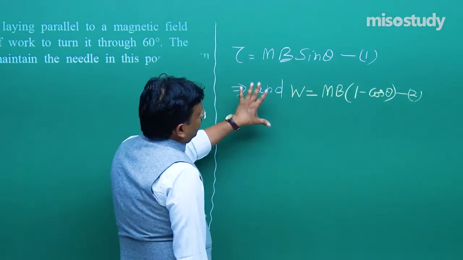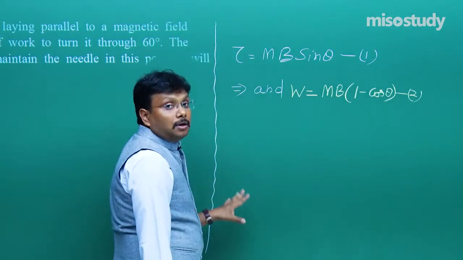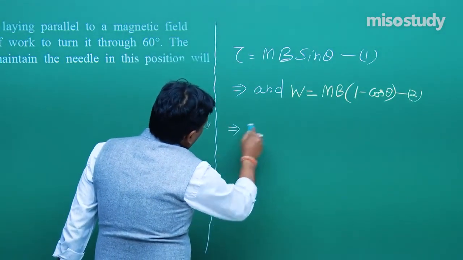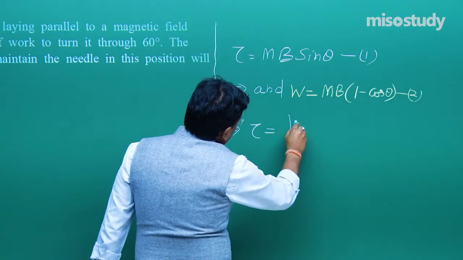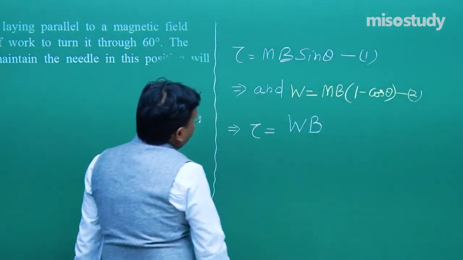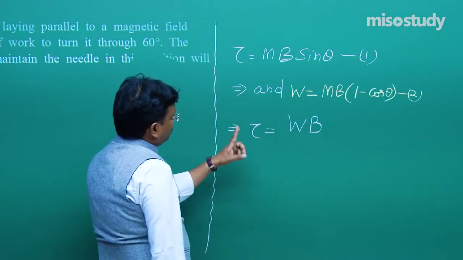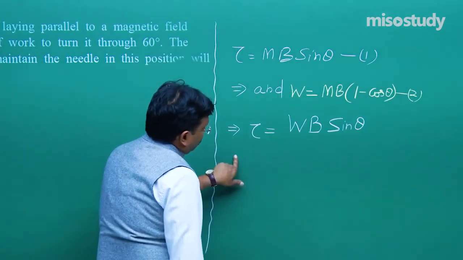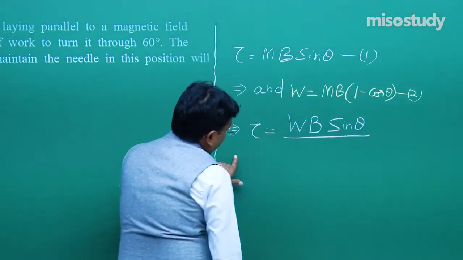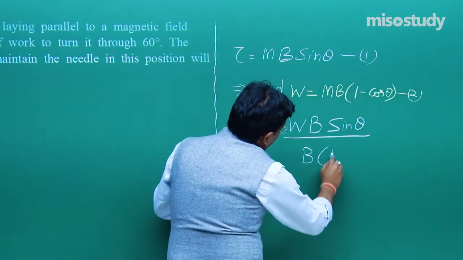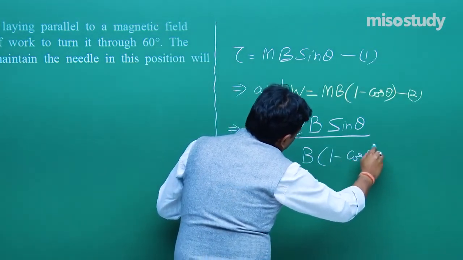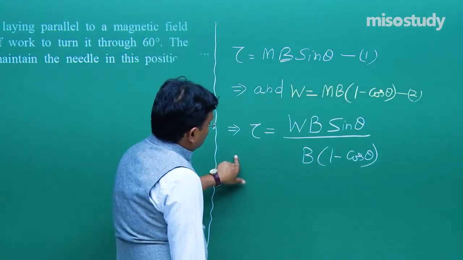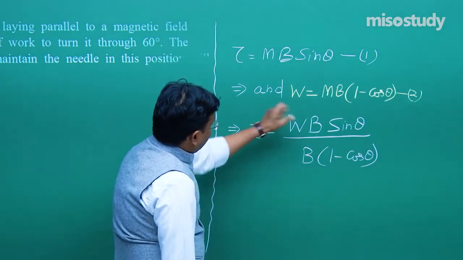So from 1 and 2 we can do something, and what is that something that I am trying to do? Tau is equal to mB sin theta, and W is equal to mB (1 minus cos theta).